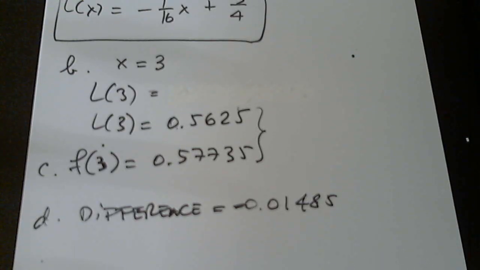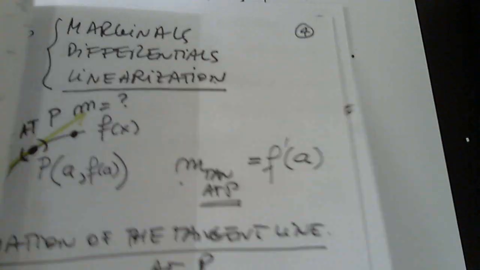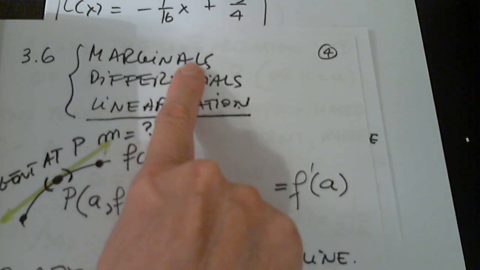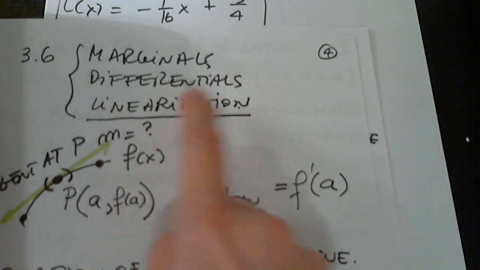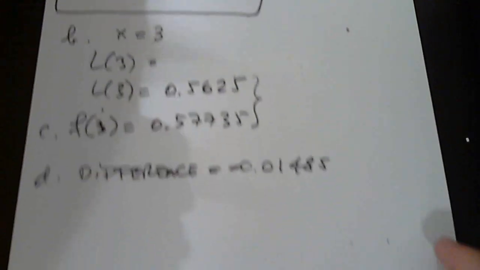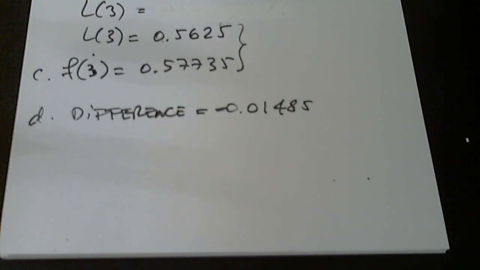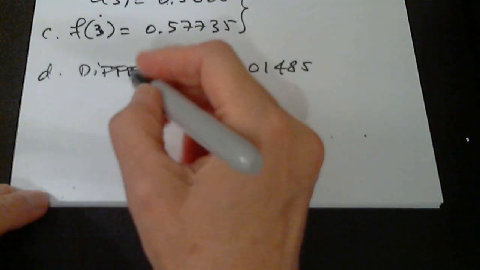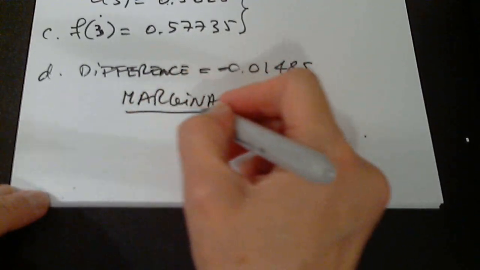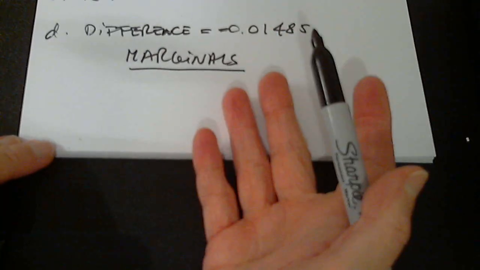Okay, I would like to go back to the title, and the title was marginals and differentials. So we talked about the linearization. Now I would like to talk about marginals, and then we're going to talk about differentials. So we did talk about marginals before. This is not new. So what is the marginal?